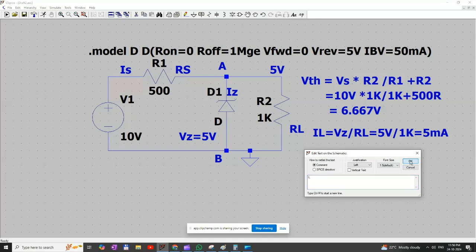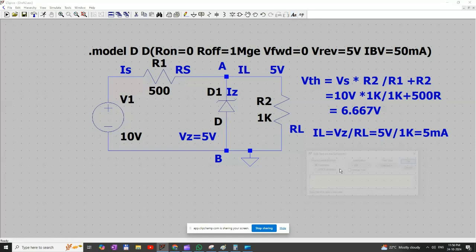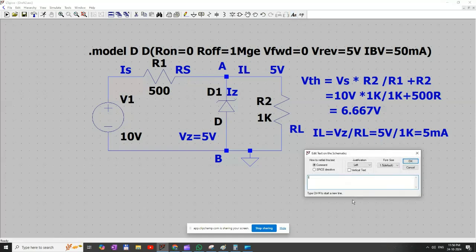So as per the KCL rule, IS is equal to IZ plus IL.